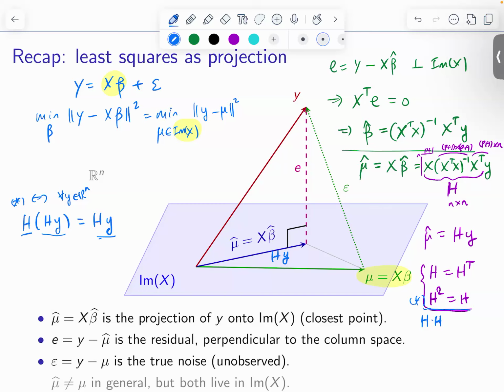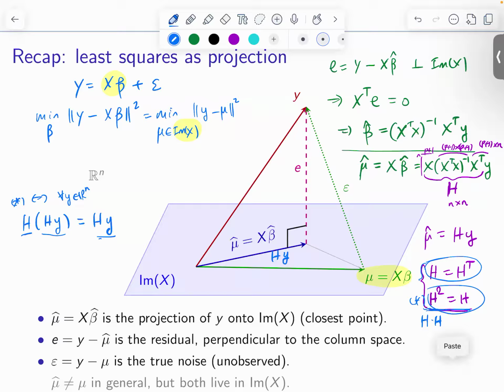So only for idempotent ones. True. Idempotence is equivalent to this. If you have a projection matrix, it's going to be idempotent, because of this geometric fact. If you have an orthogonal projection matrix, it's also going to be symmetric. So these together define an orthogonal projection matrix.